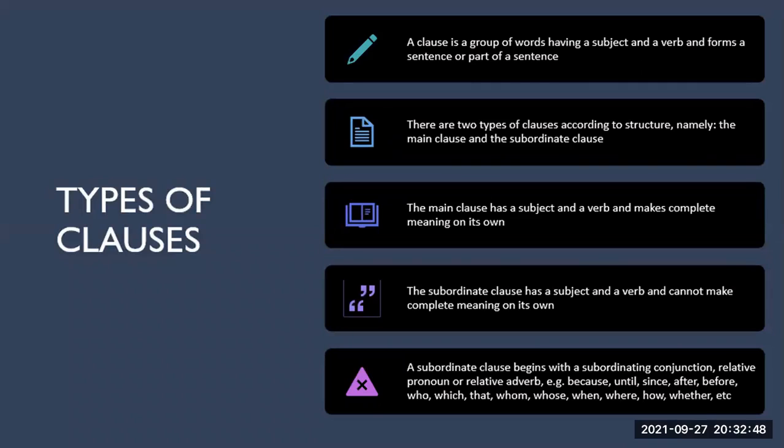By the way, you need to understand that a clause, all right, is a group of words having a subject and a verb and forms a sentence or part of a sentence. Now, talking about a clause, having a subject and a verb.